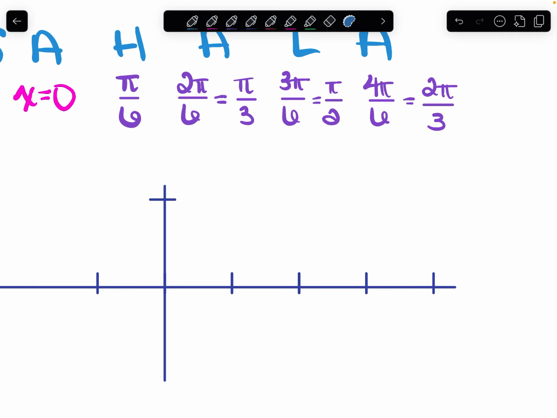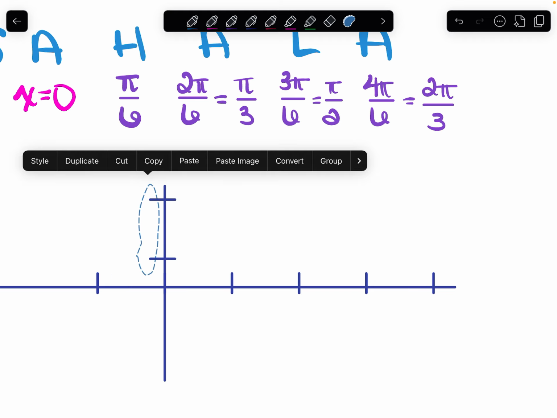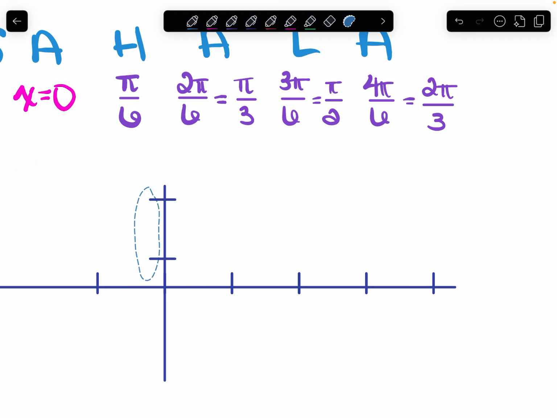There's one. Copy. Paste. Copy. Paste. Try to make it pretty. Okay. All right, I'm going to get my critical values labeled.